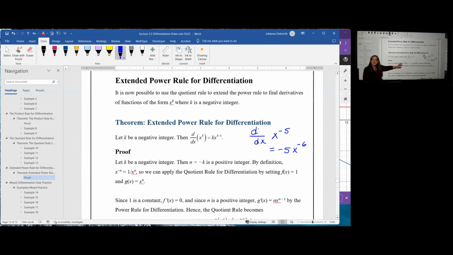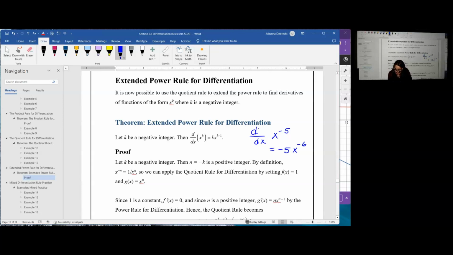Assume k is a negative integer like -5. Then if I multiply that by a negative, it would be a positive. We'll let n represent the opposite of k, in this case 5. By the definition of a negative exponent, I can rewrite this as 1 over x to the n.